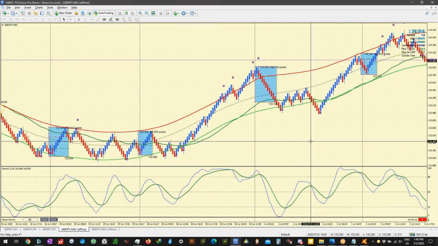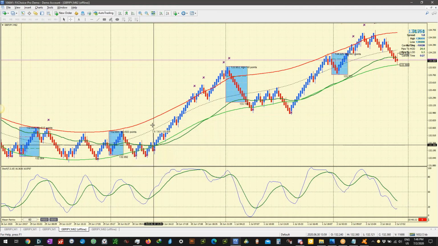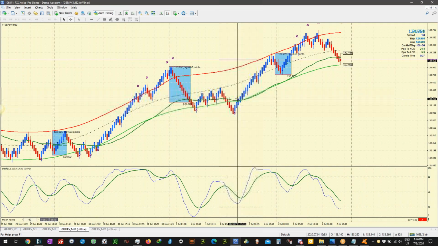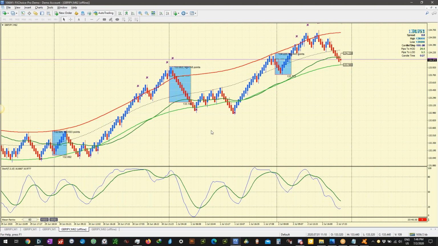Okay, so here's a trade. Initial 56 pips ends up being 103 pips. Okay, 63 pips, 81. And this, my fellow traders, this is pound yen. So I'm not talking anything that we don't know.